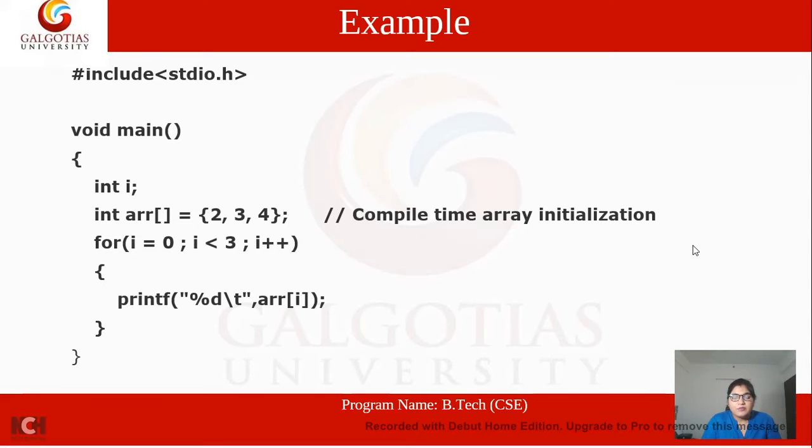But if you do not change the range in the for loop, let's say you initialize with 5 values like 2, 3, 4, 5, 6, and then you only print in the for loop from index 0 to less than 3, then you will see that though your array holds 5 elements, you are accessing only the initial three elements through the index value. So you'll get this as output.